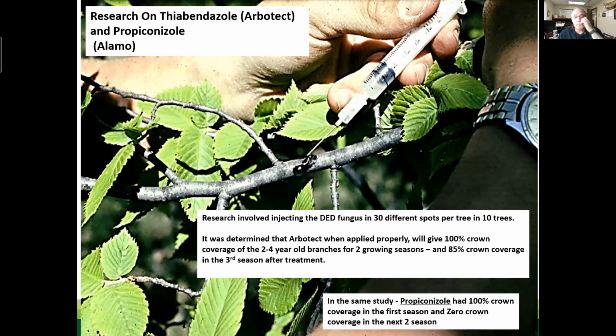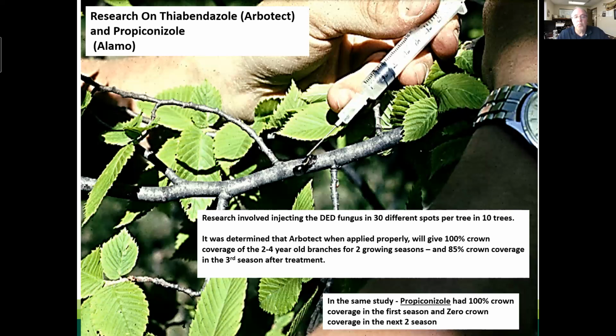Propiconazole, however, or Alamo, for 1 year after treatment, it worked. It was 100% of the 30 different spots that we did. And same with thiabendazole. The first year it worked 100%. However, in the 2nd year, the propiconazole, it was like it was not even in the tree.